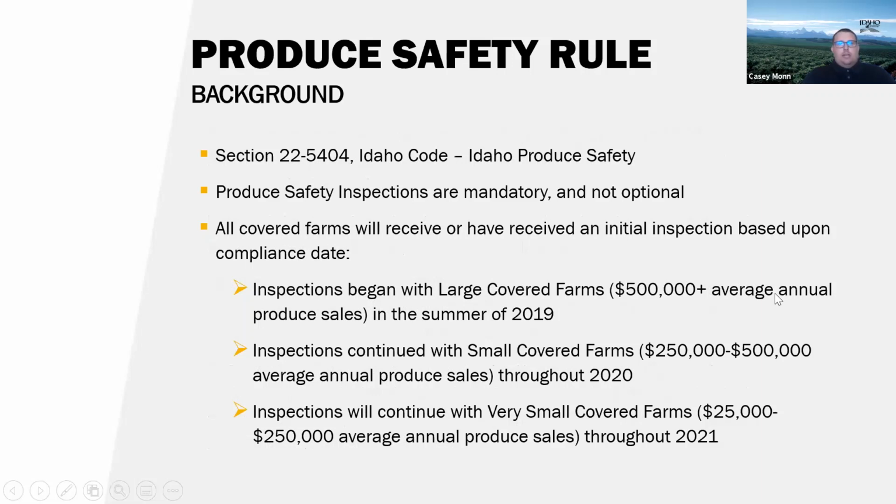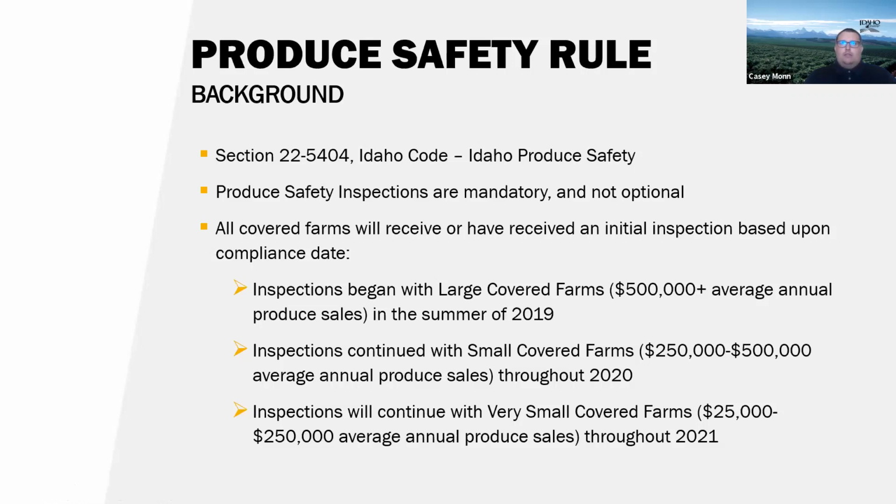So continuing to know the background of the Produce Safety Rule in Idaho, Section 22-5404 is the Idaho Code. That is Idaho Produce Safety. So when we talk about what we're operating under when ISDA implemented the rule, that is the Idaho Code in which we are working through. Produce safety inspections are mandatory. They're not optional. Lou mentioned that earlier. It is a federally mandated inspection.